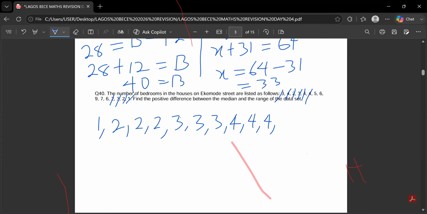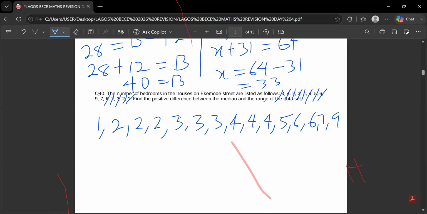That's the way you should do it in exam so that you don't make mistakes. 5 appears just once. 6 appears twice. Then 7, then 9. Okay, good.